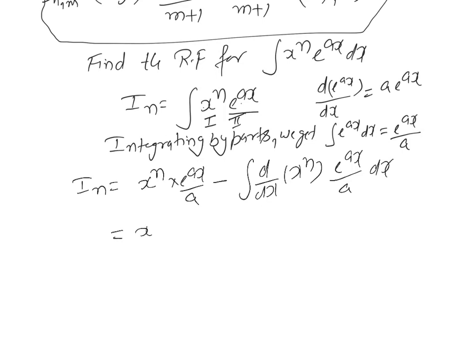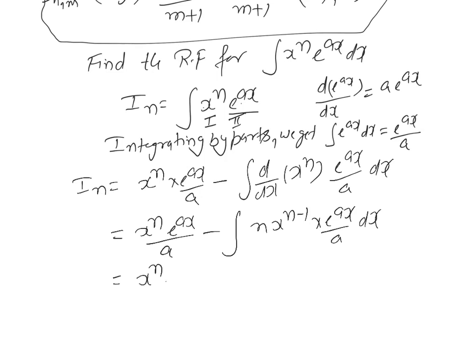This is further equal to x raised to the power n, e raised to the power ax by a, minus integral n x raised to the power n minus 1, e raised to the power ax by a, dx. Now I am going to take these constant quantities out of the bracket. This is minus n by a, integral x raised to the power n minus 1, e raised to the power ax dx.